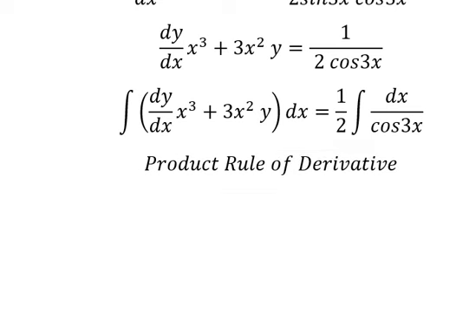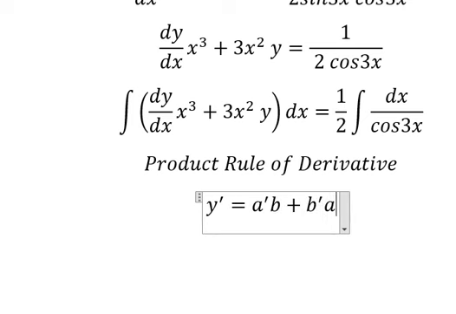So we know that the first derivative of y equals the first derivative of a multiplied by b plus the first derivative of b multiplied by a.